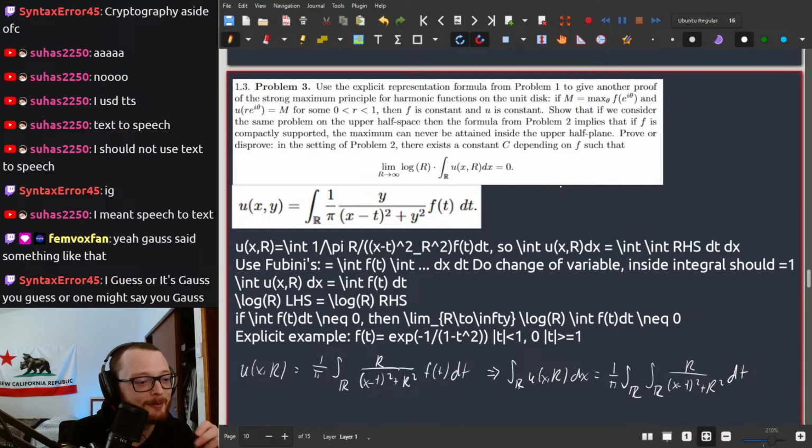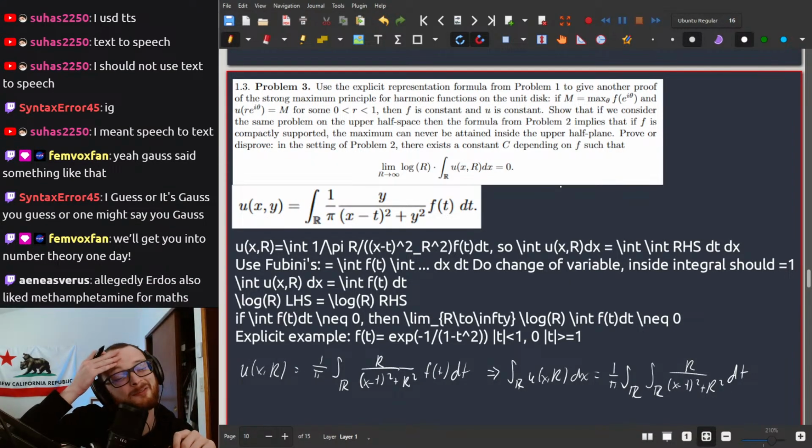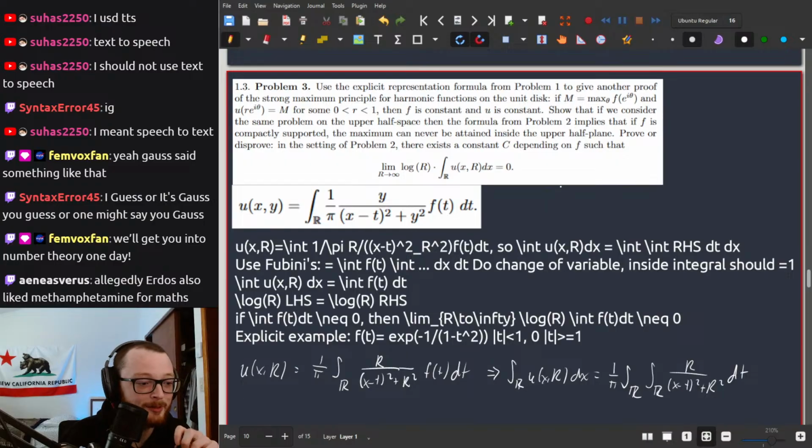It was Gauss? Okay. You guess, or one might say you Gauss. That's true. You might Gauss. Cryptography aside, I don't know if number theory has another use outside of math. It definitely is helpful for abstract algebra, and that could be helpful for other things.